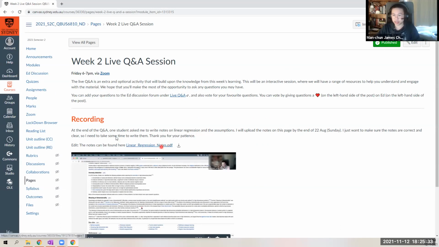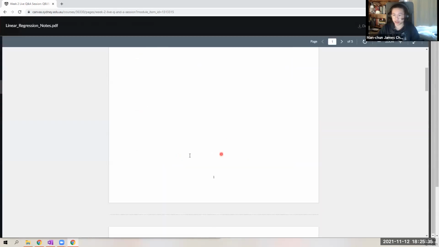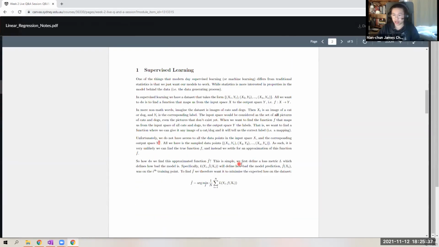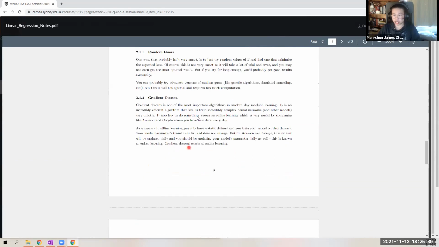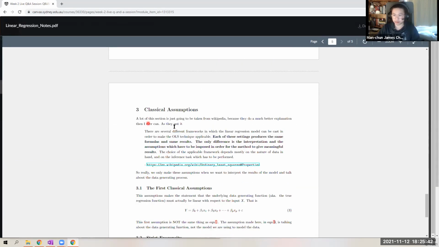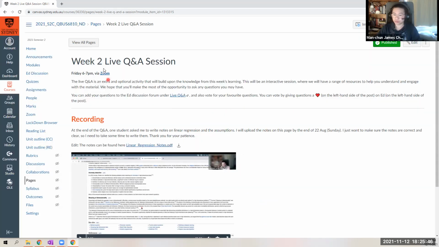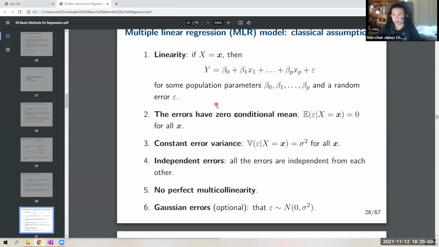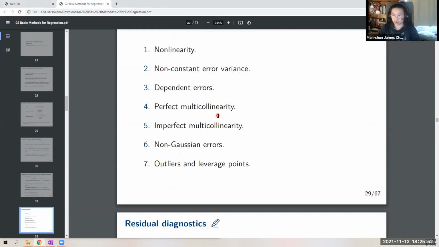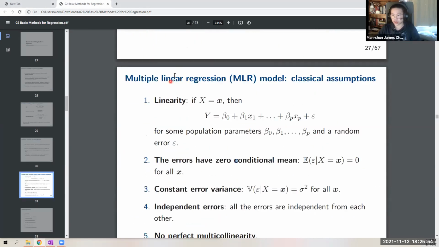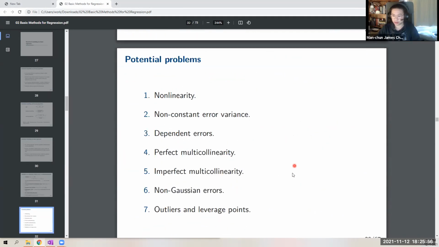But there are some notes on linear regression. If you're confused with the difference between supervised learning and how this differs from the classical assumptions of linear regression, you can just read this here. It's just the week 2 Q&A session. That's if you're confused with what we do in supervised learning versus using these classical assumptions.